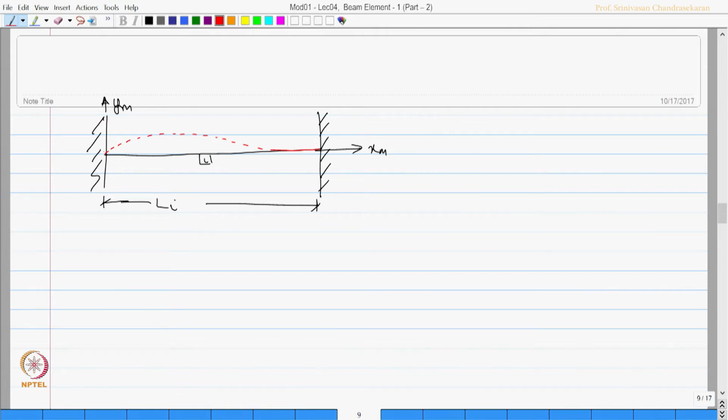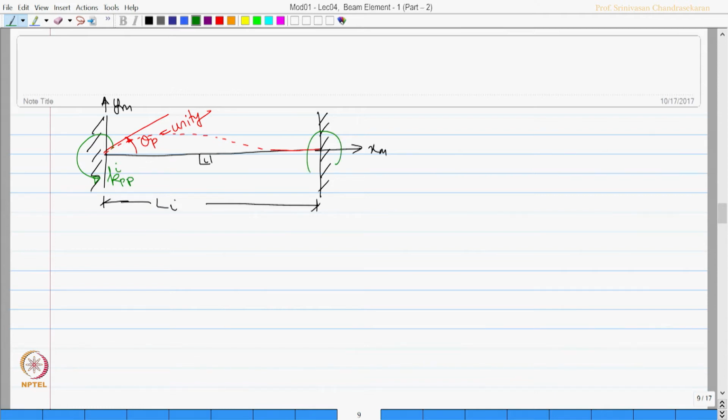So, I give unit rotation, I draw a tangent, I measure this as theta p, which is unity. Now, this will invoke members with end forces. I call this as K P P of the ith member.